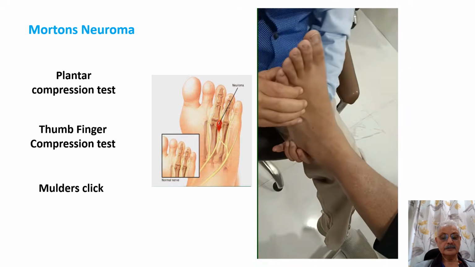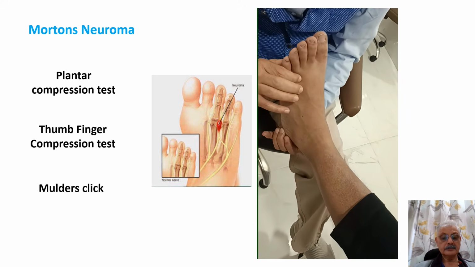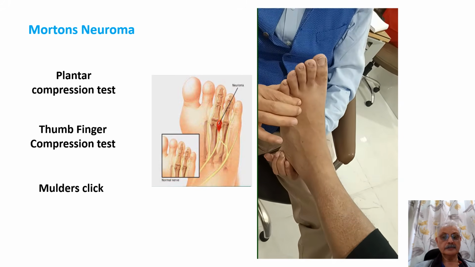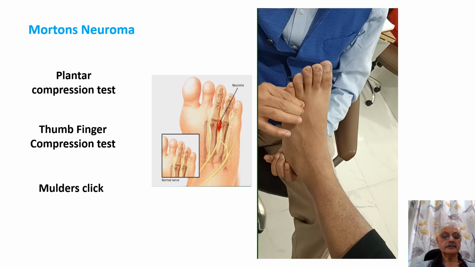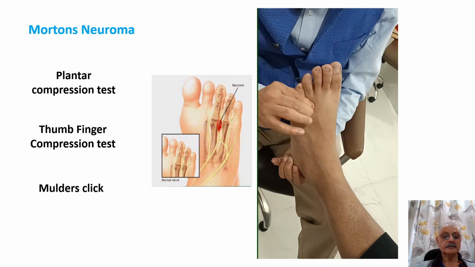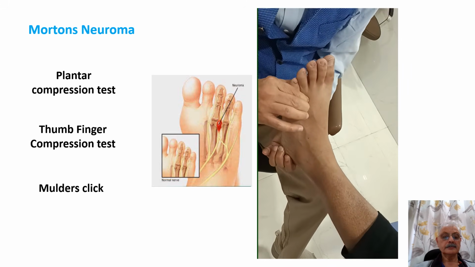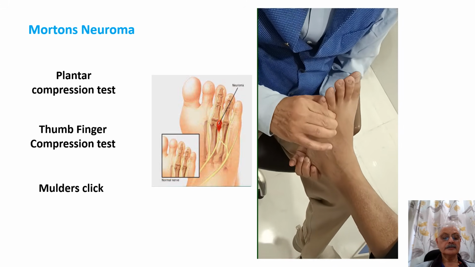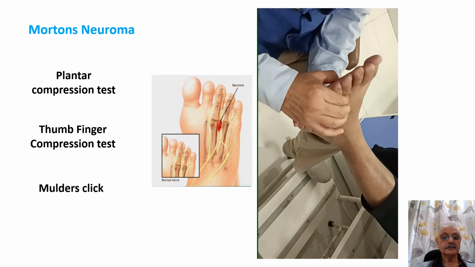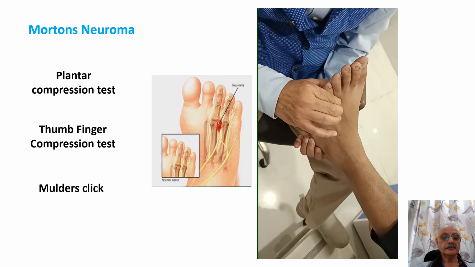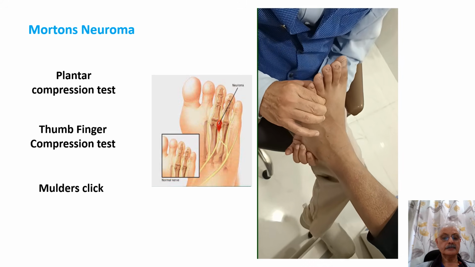Then the other test is the thumb finger compression test, where you use both the thumb and finger to compress or pressurize the interdigital space which is affected, and if the patient has pain, it is suggestive of Morton's neuroma.